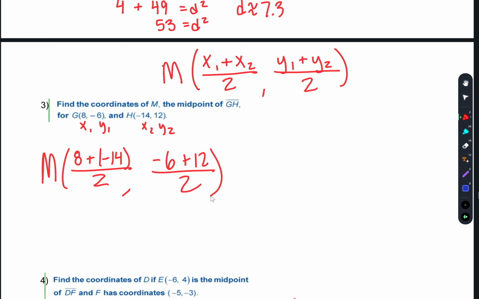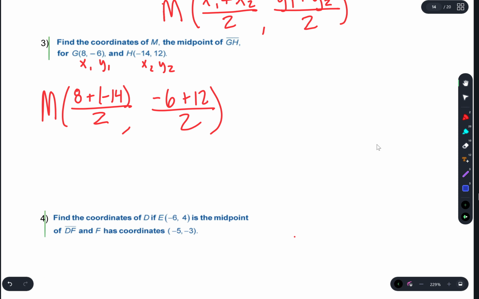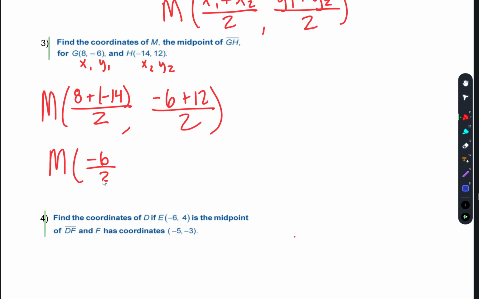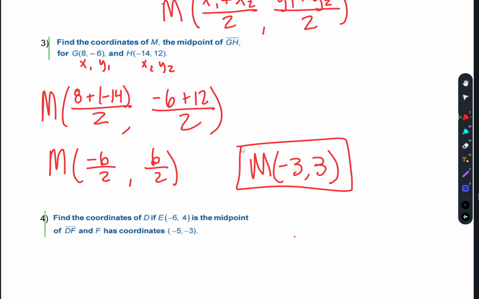And then we're literally just simplifying. 8 minus 14 gives me -6 over 2. -6 plus 12 gives me +6 over 2. So the coordinate of my midpoint, simplified, is -3,3. That's it there. Any questions on that? As long as we can remember how to find an average, I think we got this.